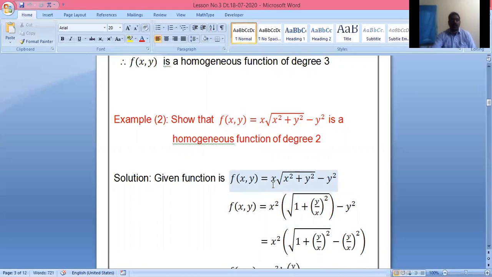Taking x square common from the first term, we get x square into under root of 1 plus y by x whole square minus y square.